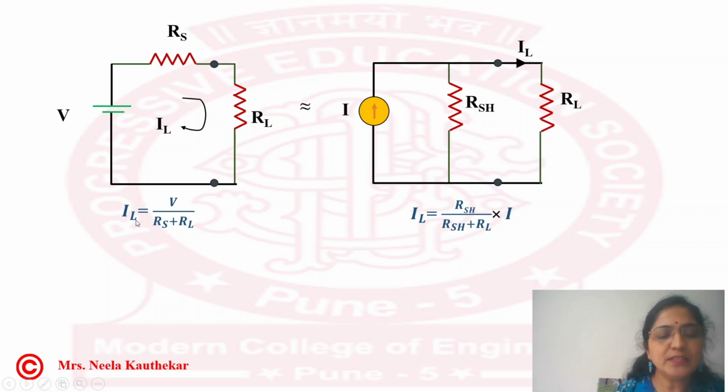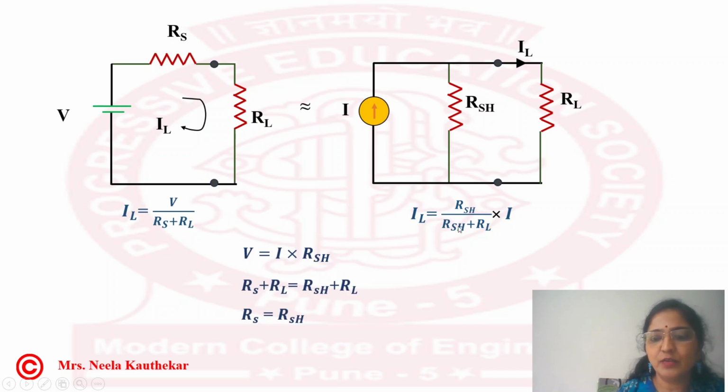Now we can see that when they are equal, the denominators should be equal and the numerators should be equal. The denominator here is V and here it is I into RSH. Similarly, the numerator should be the same. This means that RS plus RL is equal to RSH plus RL.